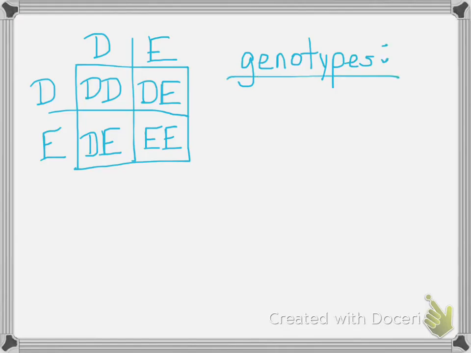So let's see, we have 1 capital D, that would be 25%. And we have 2 DE, that would be 50%. And then we have 1 E, so that's another 25%. So still, we're doing the exact same thing.